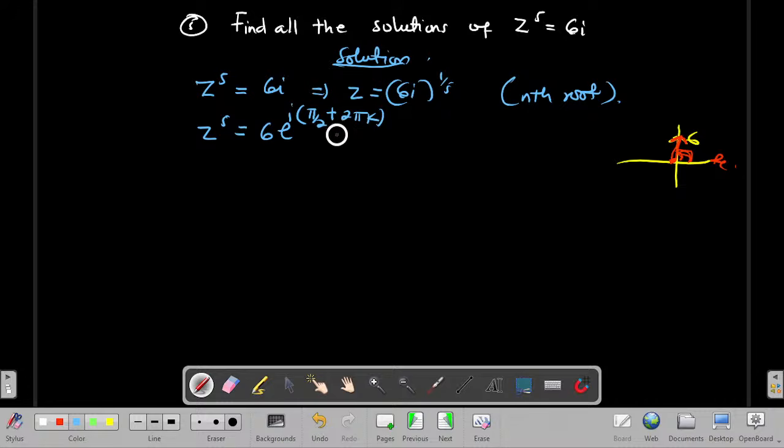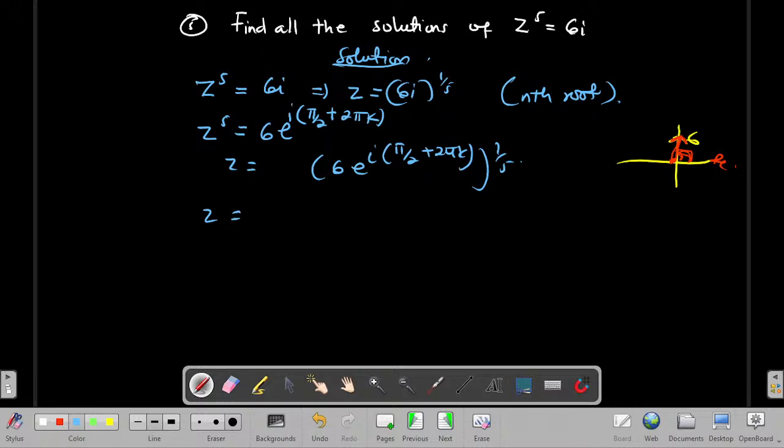So once you have something like this, then my z is simply equal to 6e^(i(pi on 2 plus 2 pi k)) all to the power 1 out of 5, right?